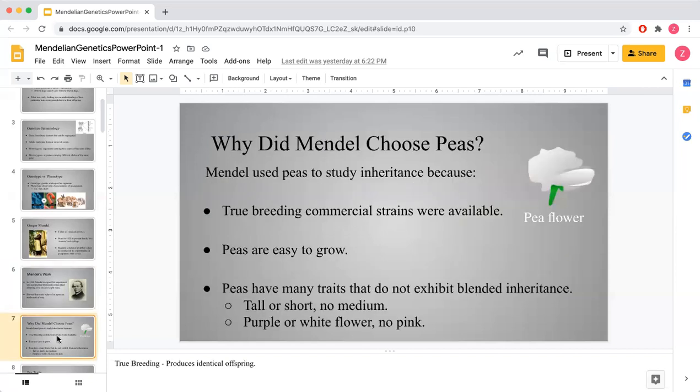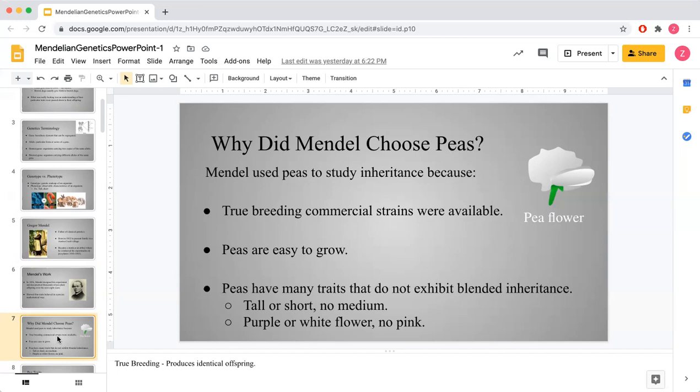Yeah, that's right. Mendel used peas for his experiment to study inheritance. But why? Well, because true breeding and commercial strains were available. True breeding means that the plants produce genetically identical offspring. So the genetics, DNA, exactly the same.